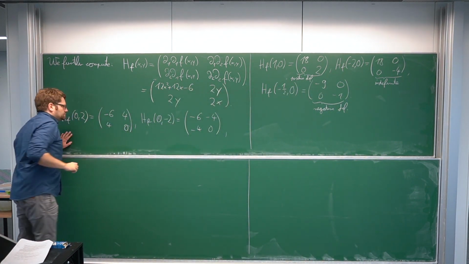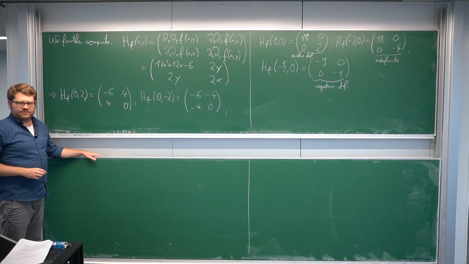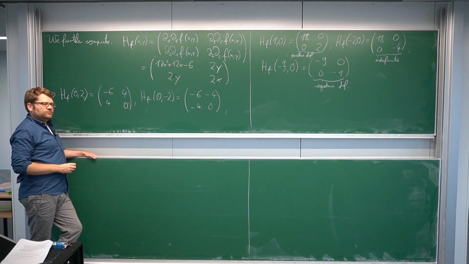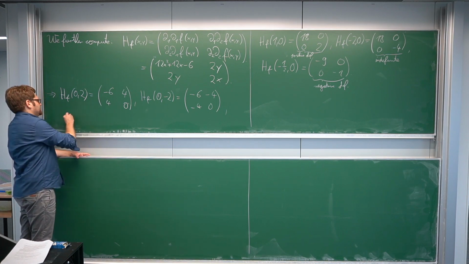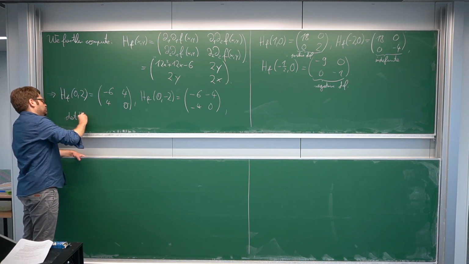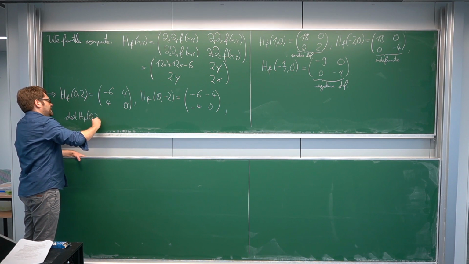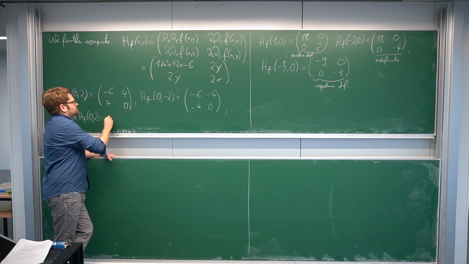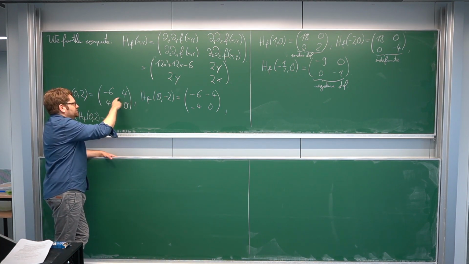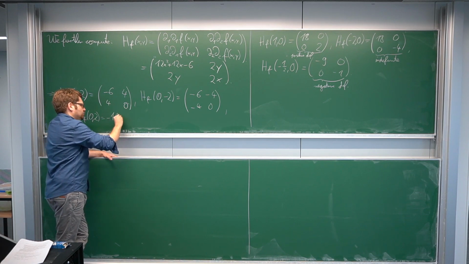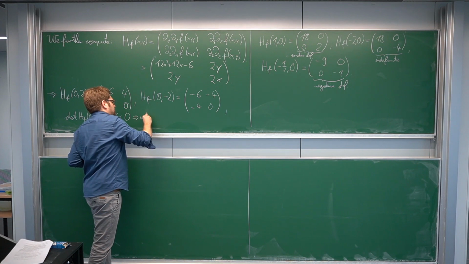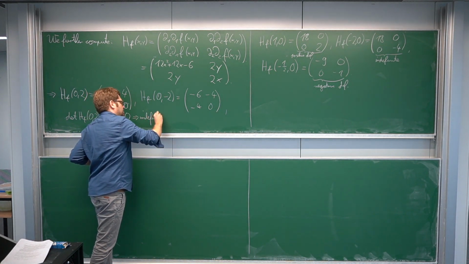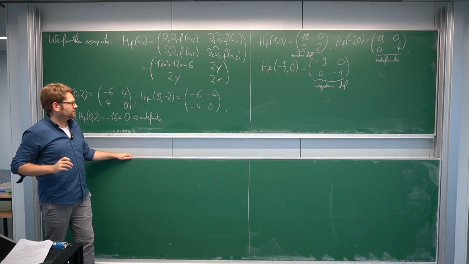Okay, here we need to think a little bit more, but I had this criterion for 2 by 2 matrices that the determinant is important. The determinant of Hf in (0, 2) is minus 6 times 0, minus 4 times 4, so minus 16, which is a negative number, and this implies it's indefinite. This was the last corollary in the subsection about bilinear forms.